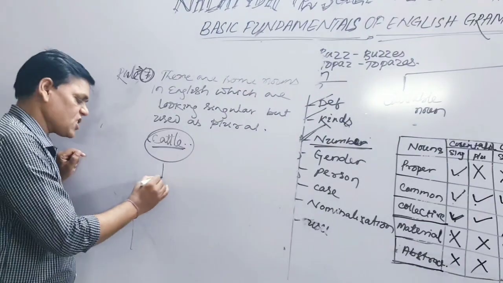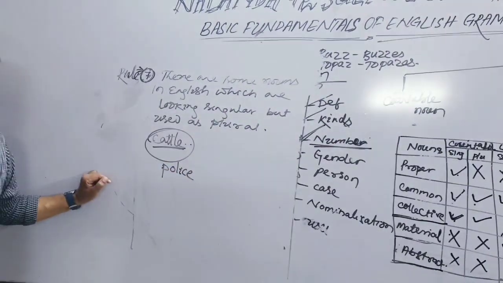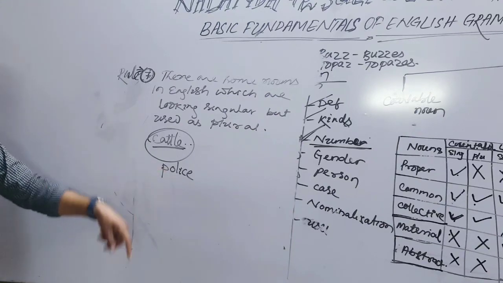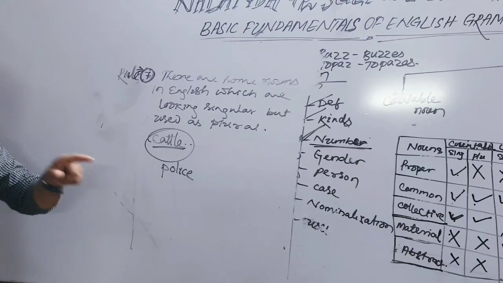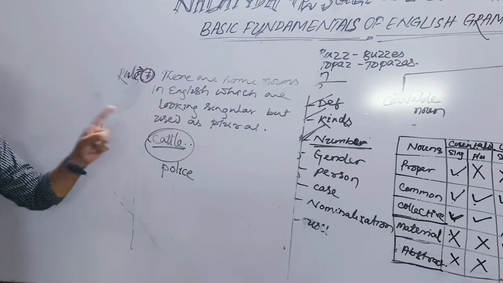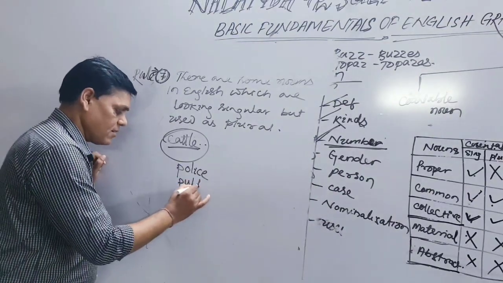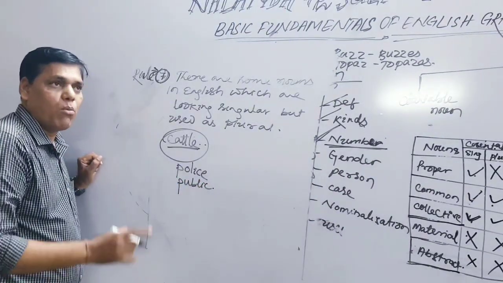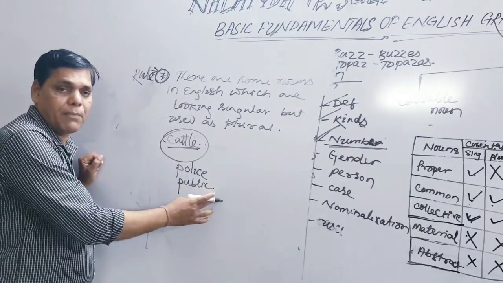Like that, police. The singular form is policeman, but the plural form is police. Not police is, police are. The policeman is, but police are. Cattle is wrong, cattle are. Like public: more than one person in general is called public.